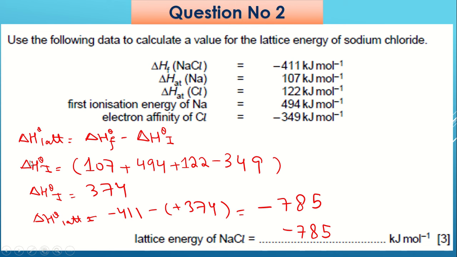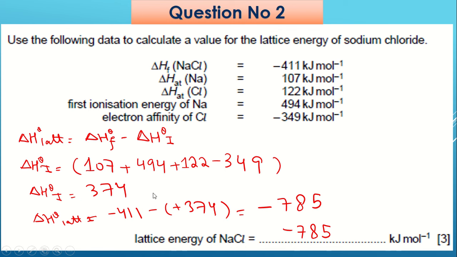So again calculate the delta H standard ionization value, that is equal to the sum of these enthalpies. After solving this step, you will be getting a value for delta H standard ionization, that will be equal to 374.